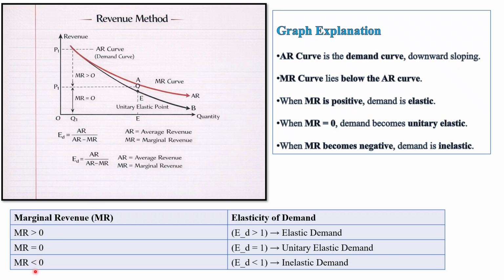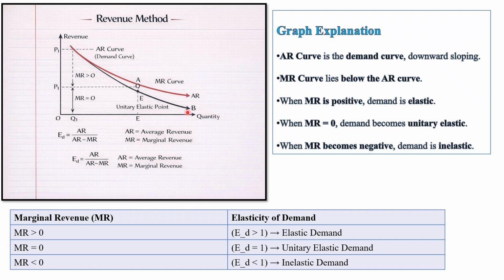The next is marginal revenue lesser than 0. It means inelastic demand, which defines there is a small change in quantity demanded as compared to price, which means that marginal revenue may be negative, or selling more units reduces total revenue. This is the graphical explanation: average revenue is the downward sloping demand curve, and behind this is the marginal revenue, because marginal revenue always lies below the average revenue.